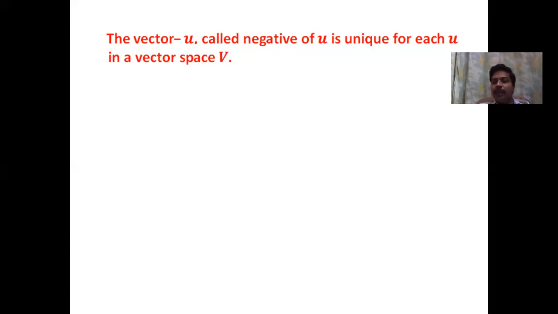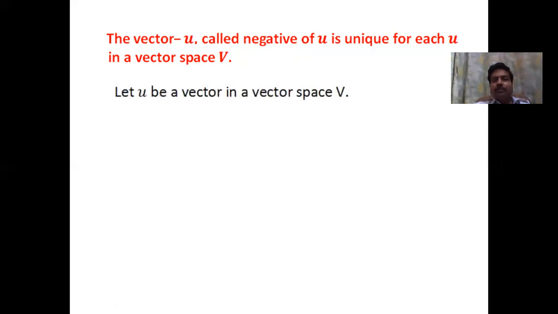There will not be two negatives for a single vector. Again, in contrary to our statement, let us take two negatives in our vector space.